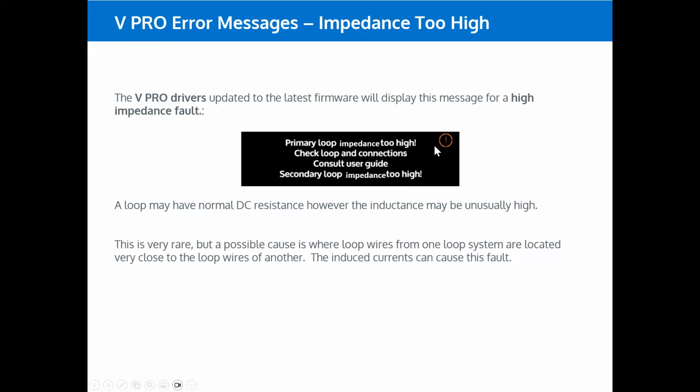And if the impedance seems to be extraordinarily high in comparison to the resistance, then it will come up with this message here, and it's likely due to a ground fault, which, as we have previously discussed, can either be an easy thing to resolve, or more difficult to solve.